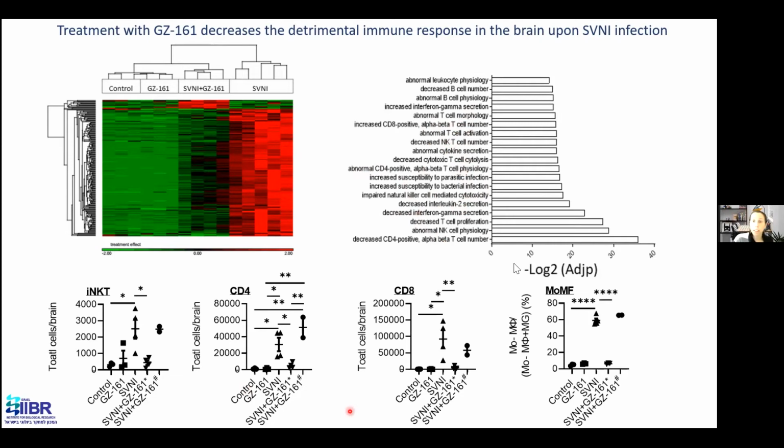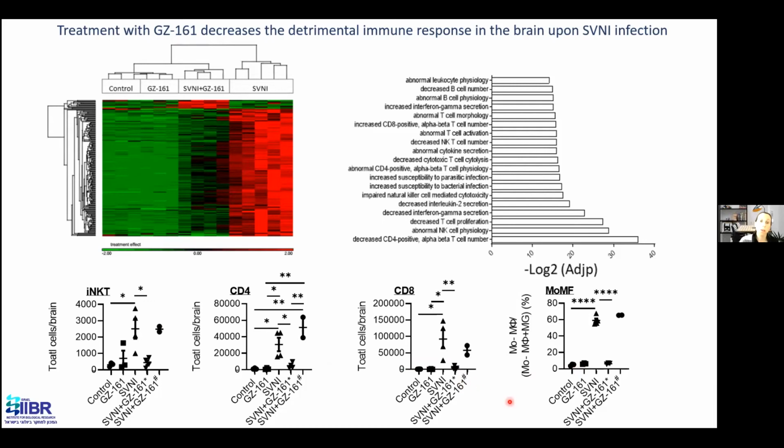And so we verified this result by FACS analysis of the brain. And indeed, we saw less. Now, we picked two groups. As I showed you in the lifespan curve, 60% of them are rescued, but not all of them. So we chose mice which weren't rescued by the treatment and mice which were rescued. And we saw a decrease in iNKT cells, CD4, CD8, and macrophages.